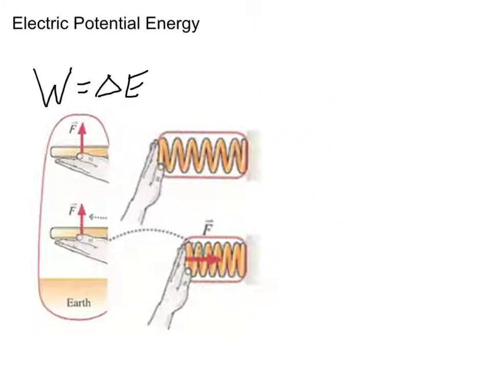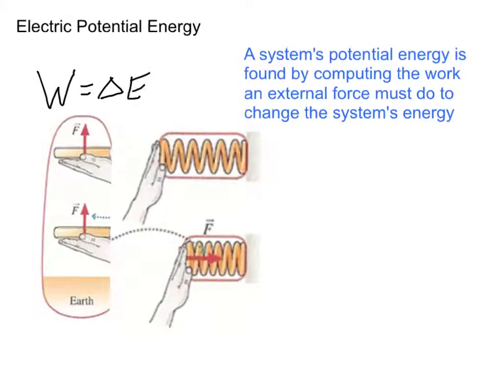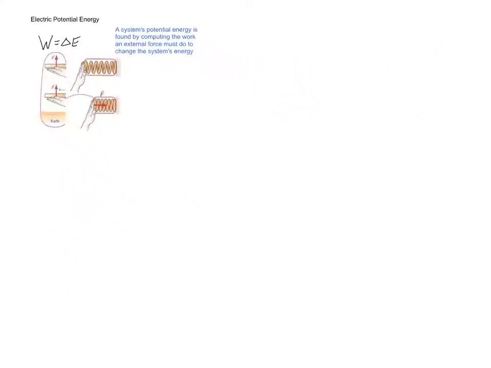And in both cases, the increase in potential energy is equal to the amount of work done. In general, then, a system's potential energy is found by computing the work an external force must do to change that system's energy.